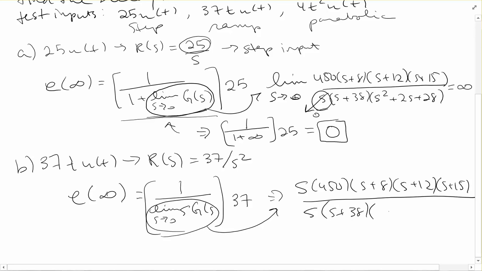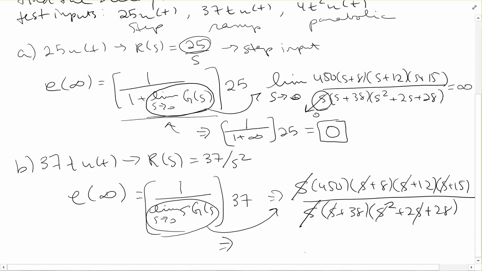So S times S plus 38 times S squared plus 2S plus 28. Now we're going to take the limit as S goes to 0. If you notice first, these S terms are going to cancel. And then basically what we're left with are a bunch of numbers that need to be multiplied together. Because this S goes to 0, this goes to 0, and all of these go to 0.